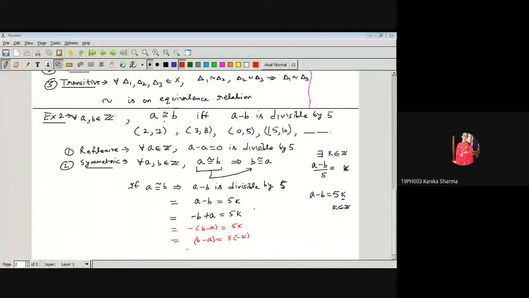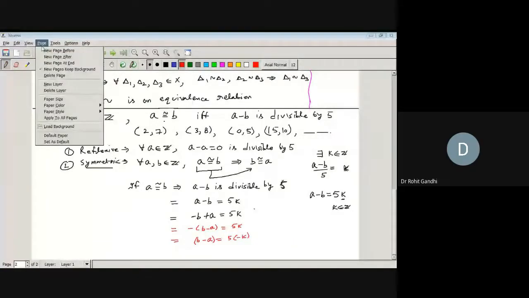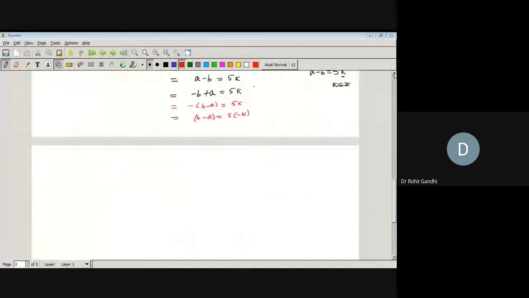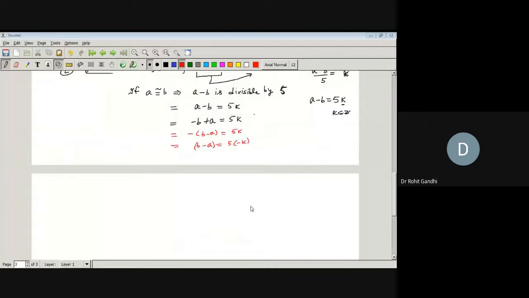Okay, see. Right. So what does it mean? Can I say that b minus a is divisible by 5?